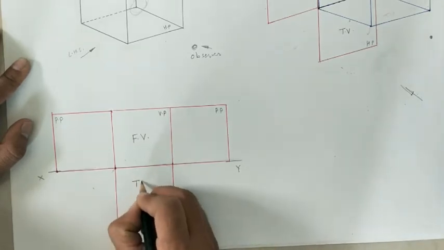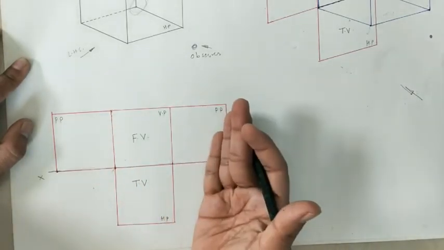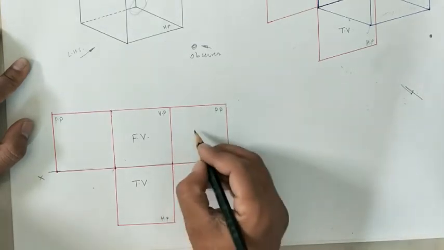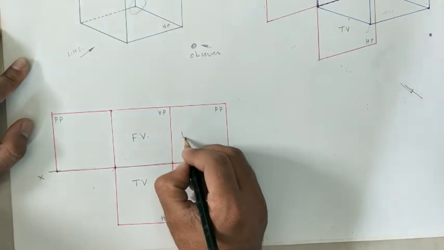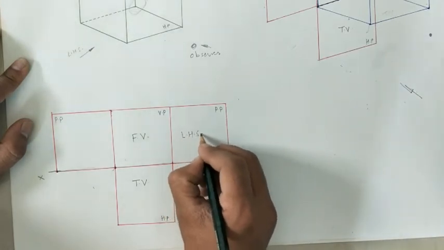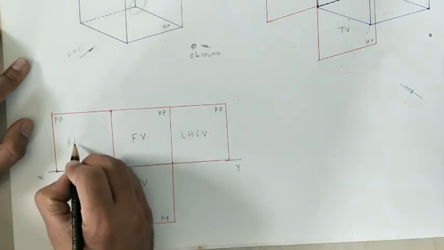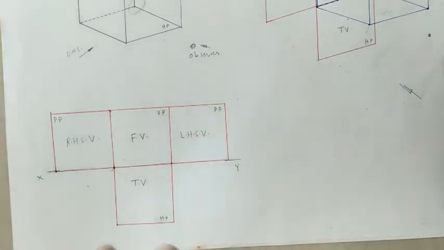It is the top view. This is the right hand side of the front view. Which view will come onto this plane, to the right side of the front view? It is the left hand side view. And similarly here, the view that will come is the right hand side view.